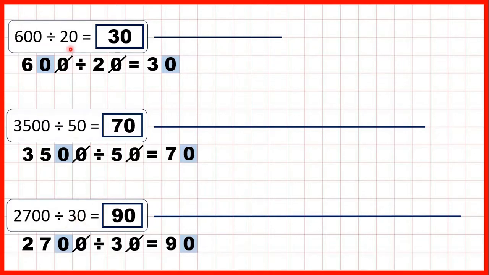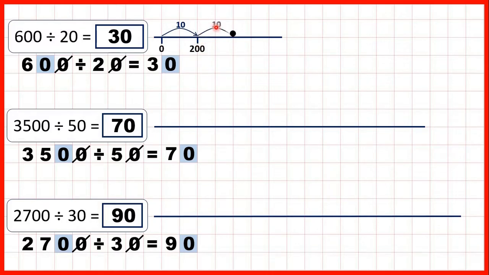And this makes sense if we remember that one way to divide is to count up in steps of the divisor until we reach the dividend. But here, it would take us a long time to count up in steps of 20 until we reached 600. So instead, let's count in steps of 10 times 20, so in steps of 200. 10 times 20 is 200.